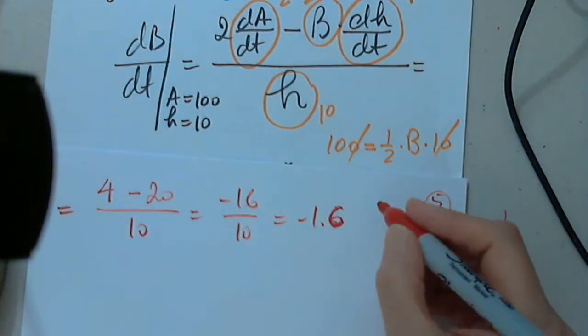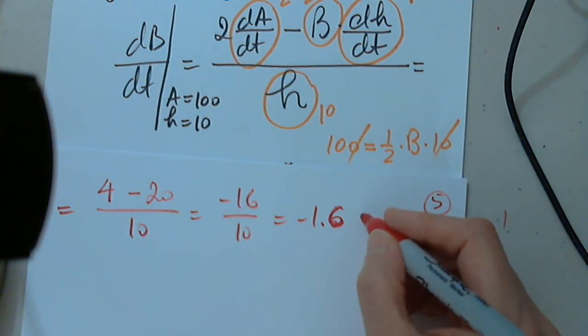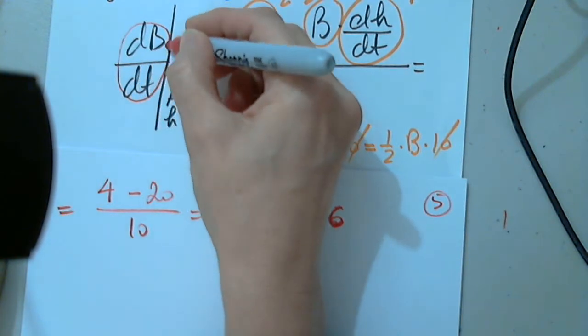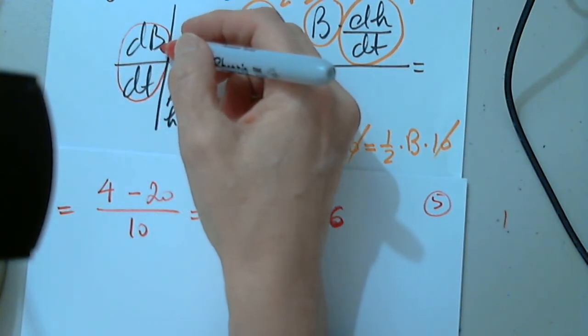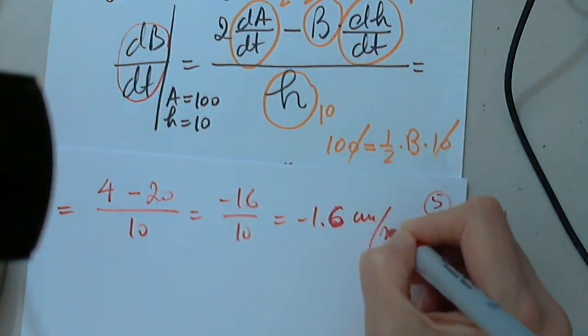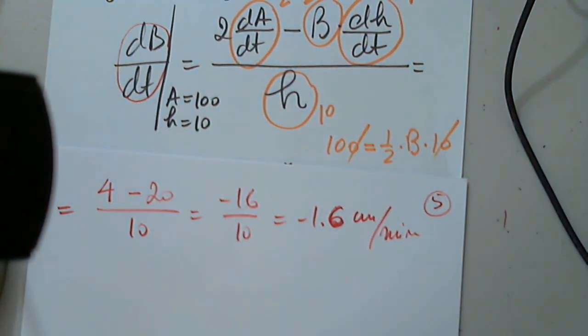Say it again. First of all, it's a rate of change. You cannot give one measurement unit. That's not possible, right? It's a rate of change. Centimeters per minute. Excellent. Perfect. Awesome. Great job.